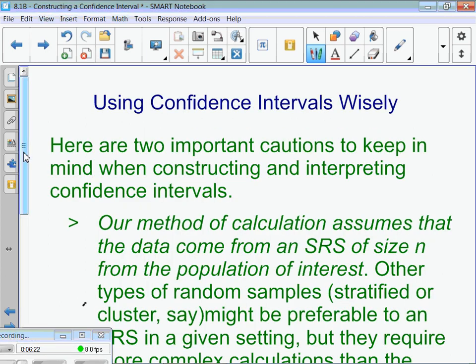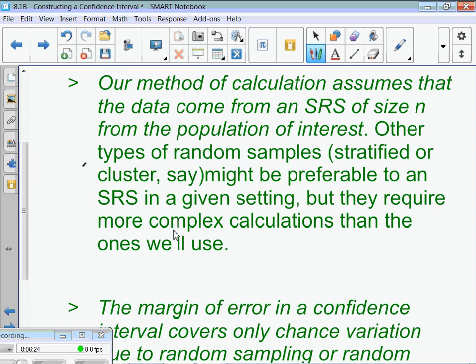All right, so a couple other things to keep in mind. Our method of calculation when we do confidence intervals assumes that the data comes from a simple random sample of size n from the population of interest. So there's other types of random samples we talked about. Remember stratified and cluster? You guys remember what stratified is? Right. It's not blocking because that goes with experiments.